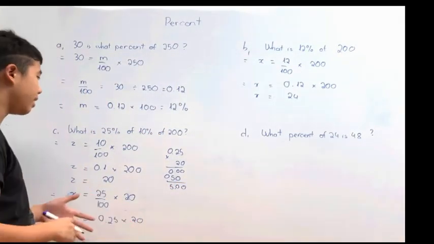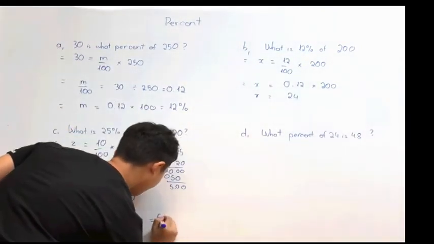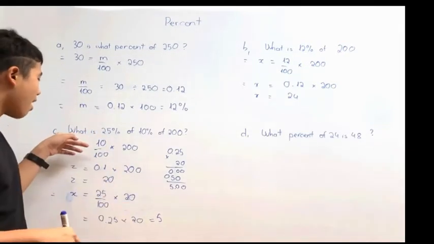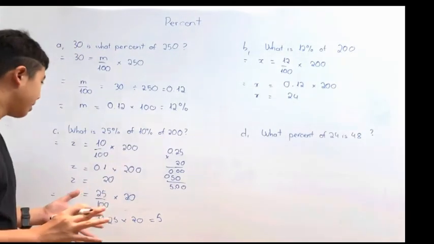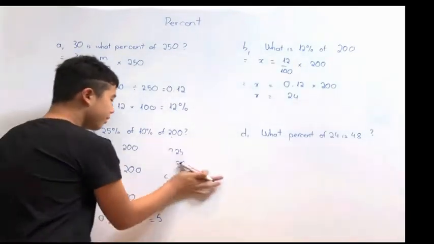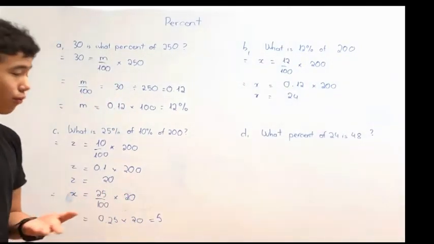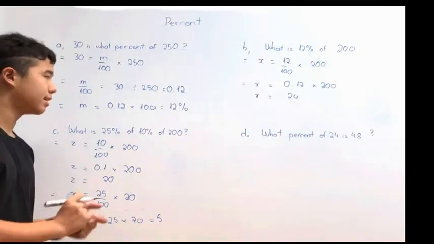So 25% of 20 is 5. So the final answer, which is x, is 5. So 5 is 25% of 10% of 200. Just read carefully what they give, decide what to do first, and then calculate carefully step by step.